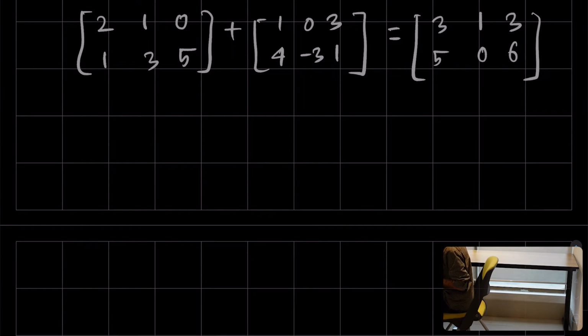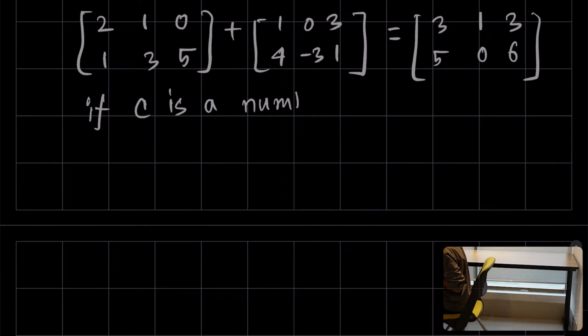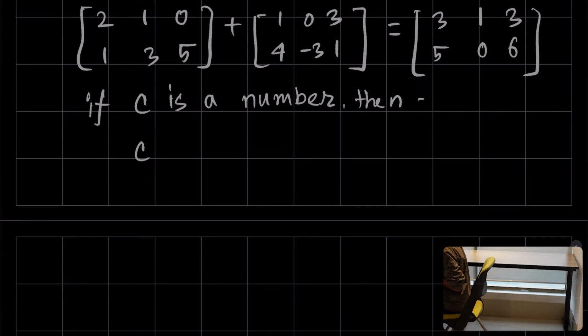And now let us define how you scale a matrix. I mean, how to multiply a scalar number with this matrix. So if c is a number, then c times a matrix A is equal to what?